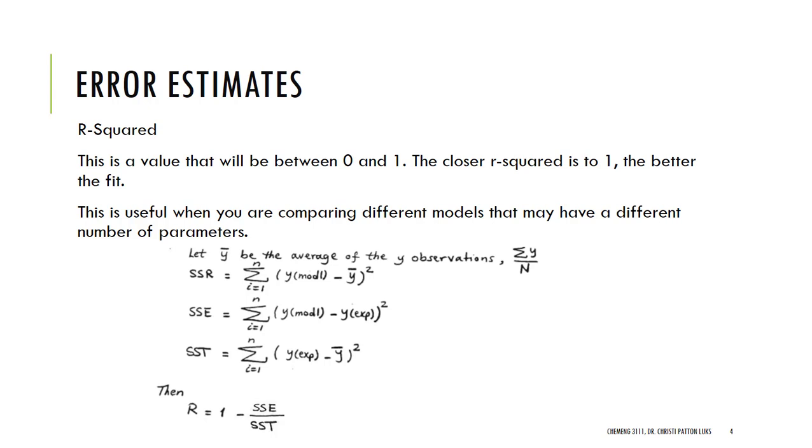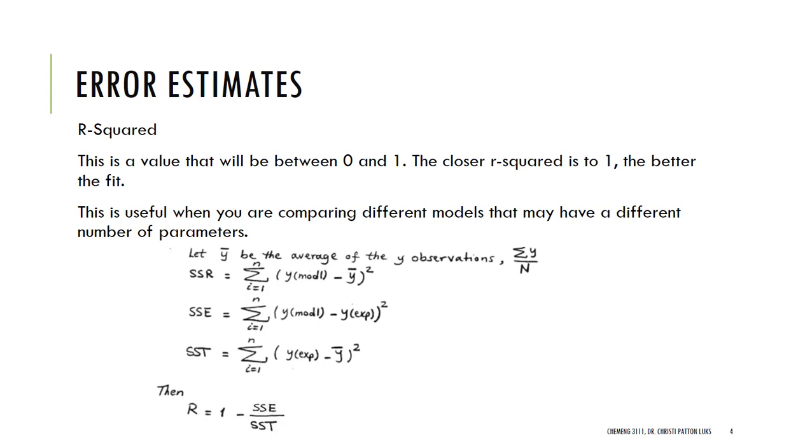Now, for r-squared, they're using y with an overbar to represent the average value. This is the same thing we had done with y in brackets earlier. If y bar is the average of my experimental data, then I'm going to have several different sums of squares that I can calculate.